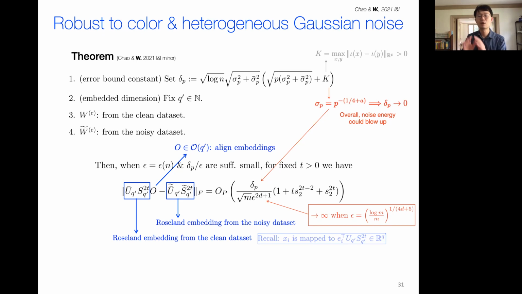Over this huge noise region, also entry-wise, the noise decreased to 0, but you can imagine the overall noise increases. Usually, when people do noise analysis, maybe the assumption is another setup. Yeah, and we allow the noise to blow up, but still we can show that if the epsilon is chosen not too small, then you are good.